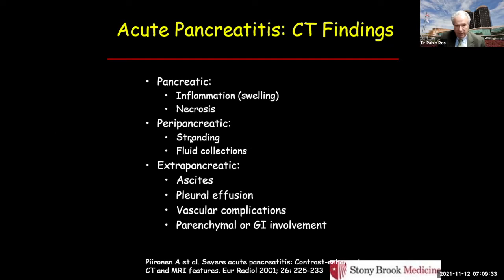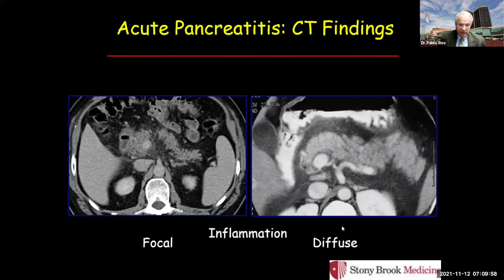Peripancreatic fat strandiness and peripancreatic fluid collections are part of the severity of pancreatitis. And then the extrapancreatic complications such as ascites, pleural effusion, vascular complications, and then parenchymal organs, solid organs, or gastrointestinal tract involvement also increase the staging and the rate of complications and severity of pancreatitis.